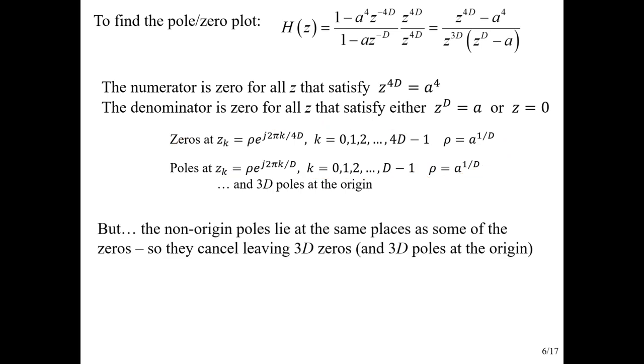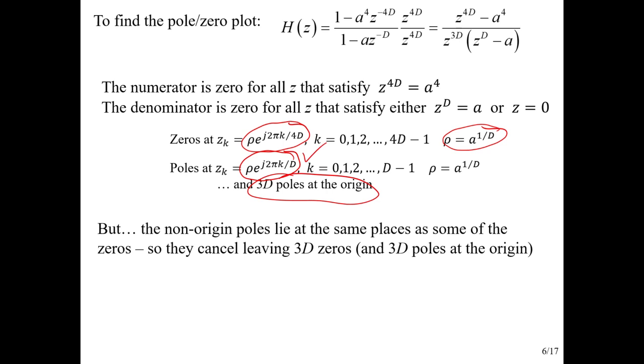So, but here's the thing. These zeros are at this radius, and they're going around every 2 pi over 4d. These poles here, which we shouldn't really have because this is an FIR filter. We should have these, but we shouldn't have those.